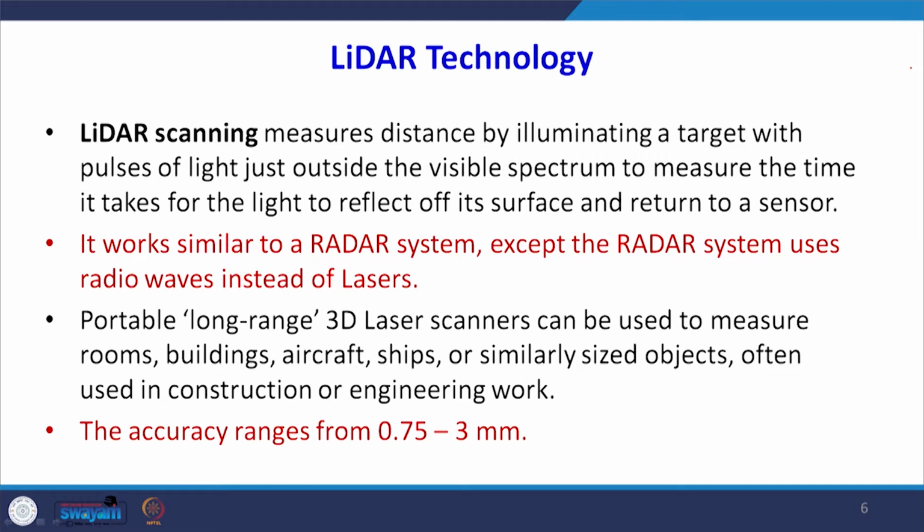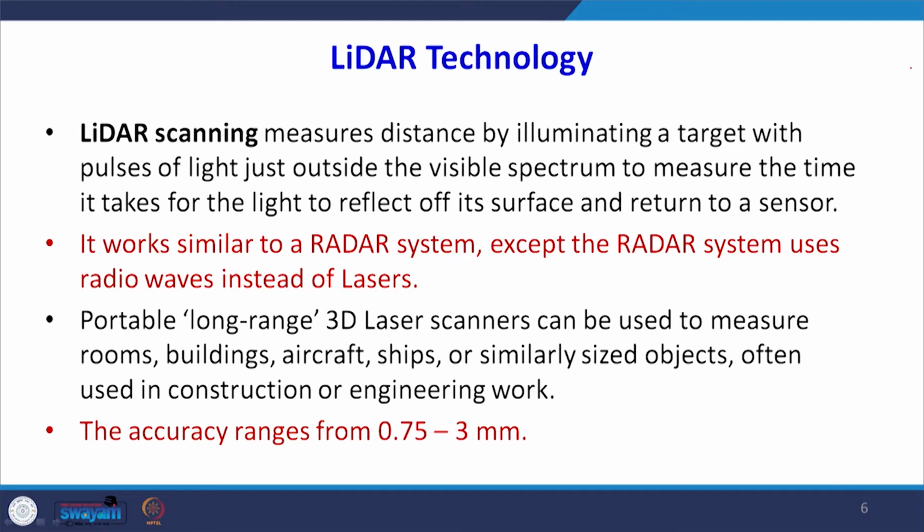Now, we have portable long range 3D laser scanners which can be used within a room, within buildings, to capture details of aircraft, ships or similar sized objects. You can recreate these kinds of structures, and you can measure the dimensions from this data. Portable types are also used very much in the construction industry for engineering works because they provide very high accuracy.